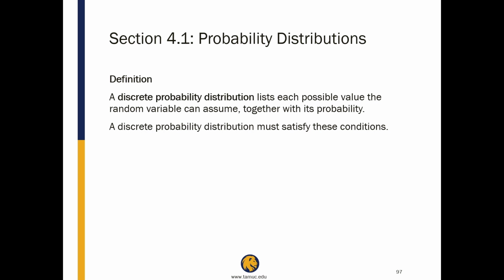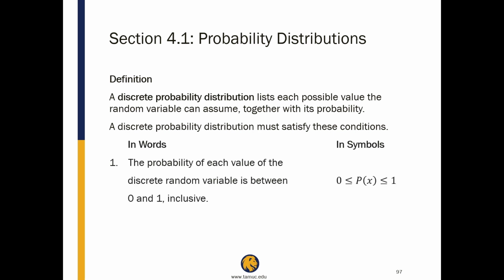A discrete probability distribution must satisfy these conditions. First, the probability of each value of the discrete variable is between 0 and 1 inclusive. This goes back to our discussion that a probability is any number between 0 and 1, including 0 and 1. Also, the sum of all the probabilities must be equal to 1.